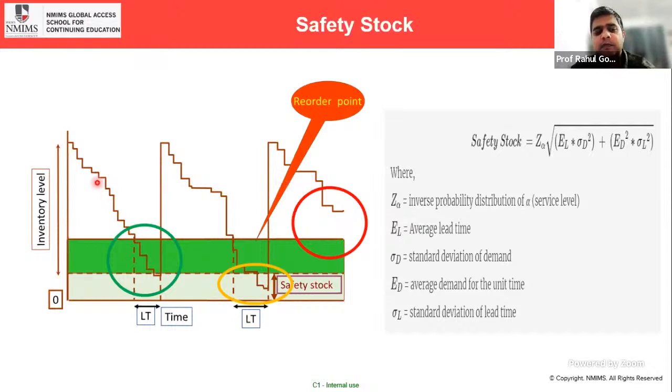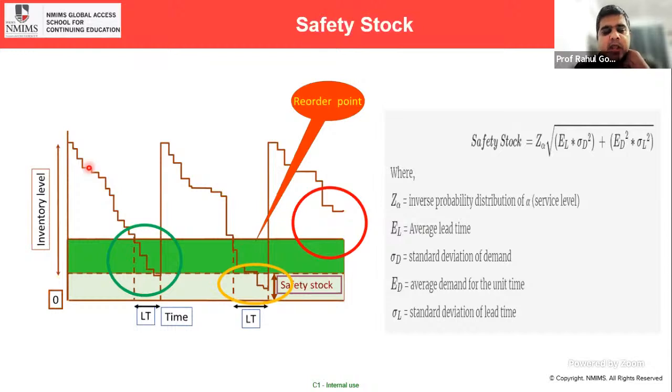if you look at this particular chart on the left, it specifies two things. On the x-axis you see time, on the y-axis you see inventory level. And as time passes, with every passage of time your demand is coming and your inventory is getting consumed. So let's say when you are starting, you have a certain inventory, and as time goes, your inventory levels are coming down because your demand is there and you are billing this inventory to, let's say, distributors or customers.